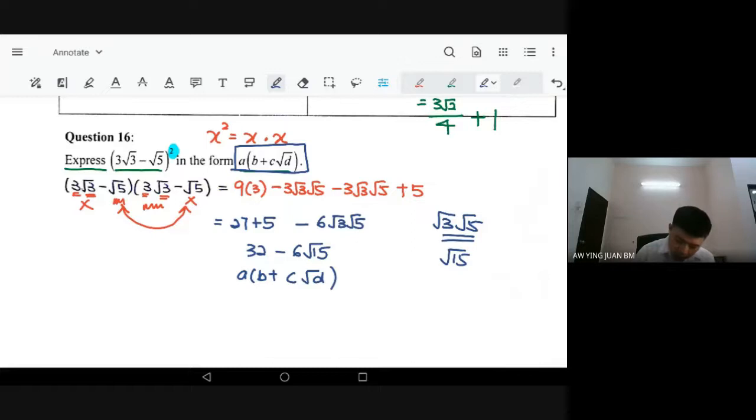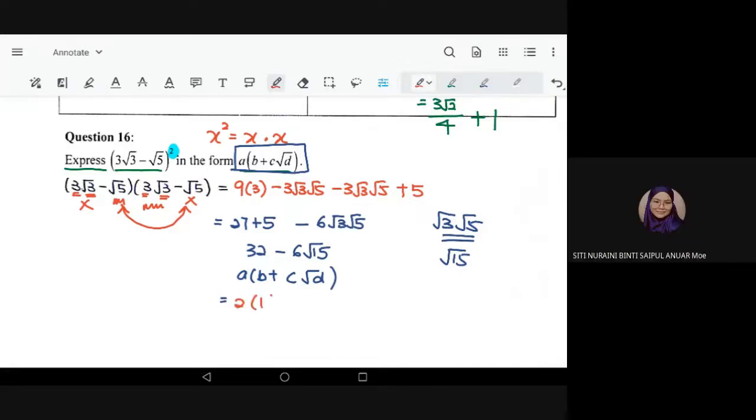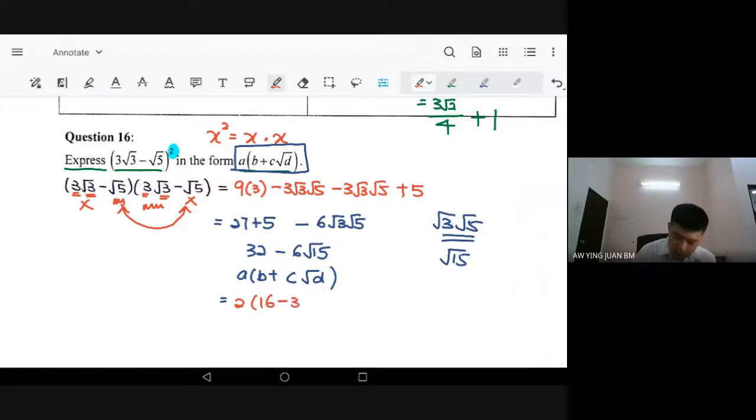Okay. Next, what we have to do is to factor out the 2. We have 16 minus 3 square root of 15. So dengan itu, A is equals to 2, B is equals to 16, C is equals to negative 3, D is equals to 15. And that is how we answer the questions.